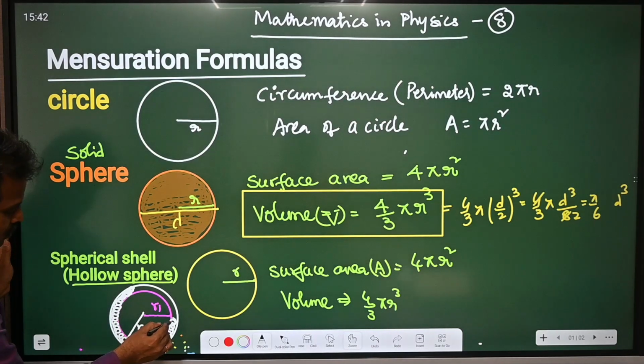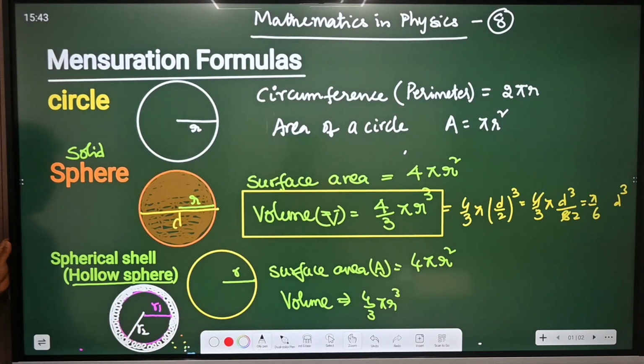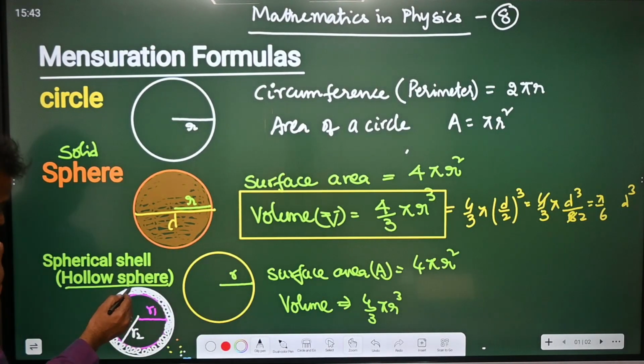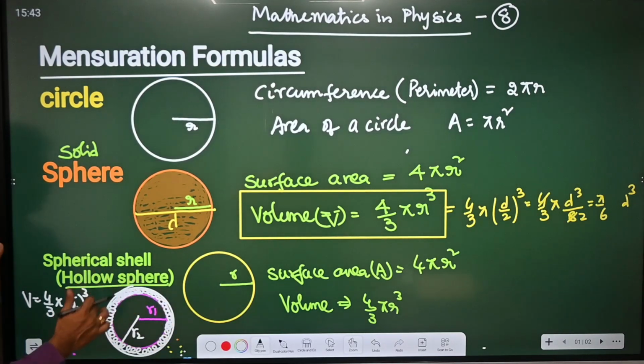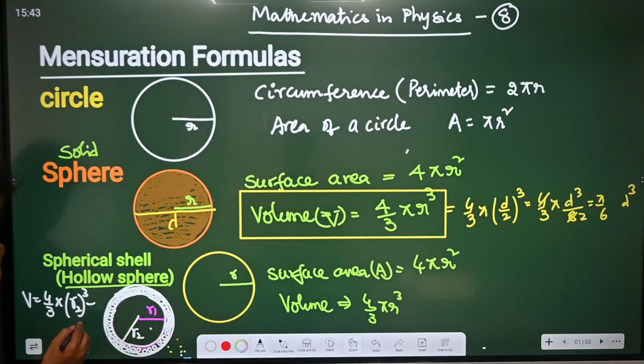Only this volume is filled, then the volume of a hollow spherical shell with two radii, inner and outer, is given by 4 by 3 pi R2 cube, the total volume of this entire sphere, minus this inner volume, because this is empty space I have to remove, minus 4 by 3 pi R1 cube.